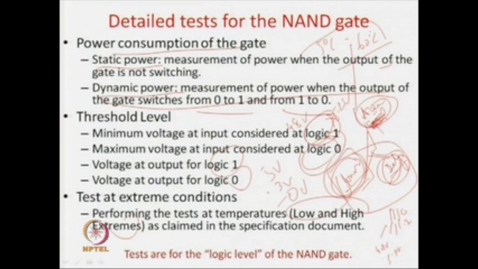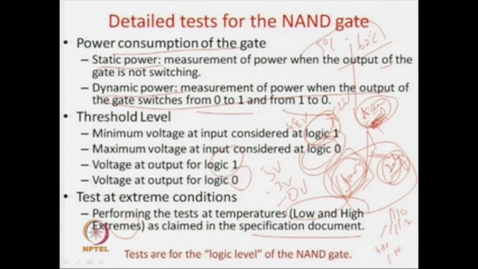So, all the tests which I have done now have to be done at the low and high extremes, which is actually claimed in the specification document. If it is temperature, you have to do all the operations at such a high temperature, and also if there is some specification like it can work at so much pressure of mercury and so forth.